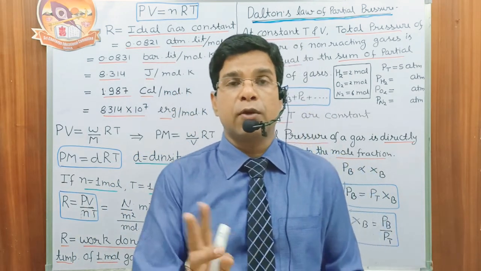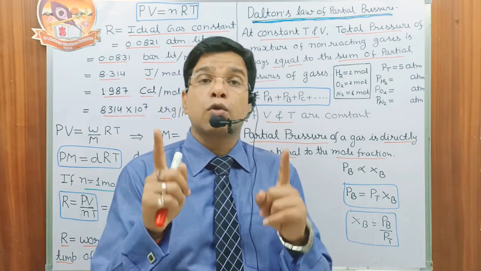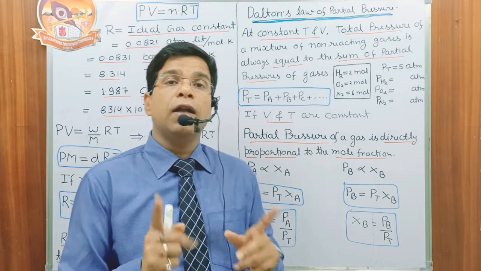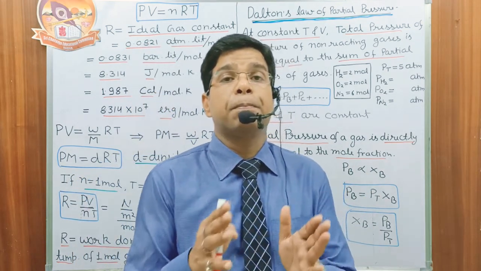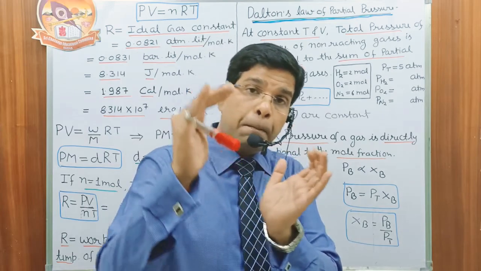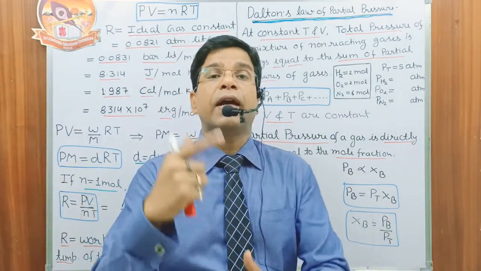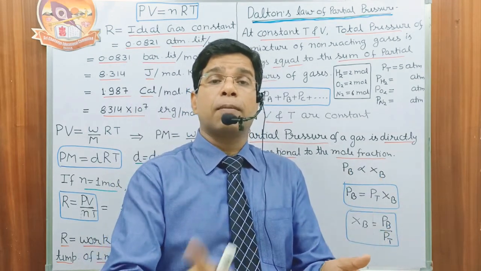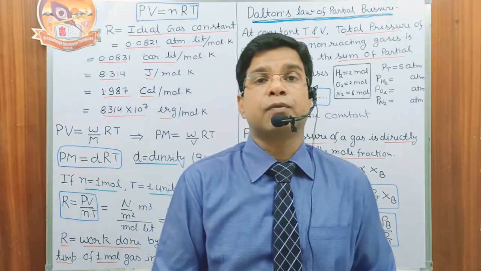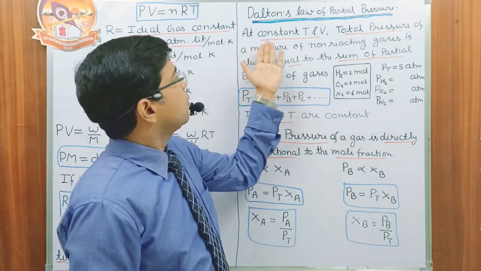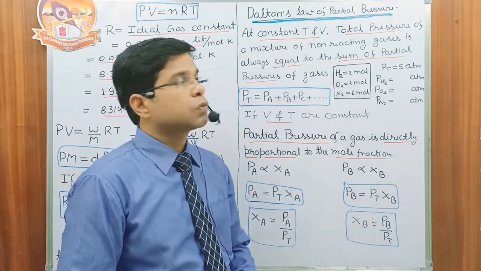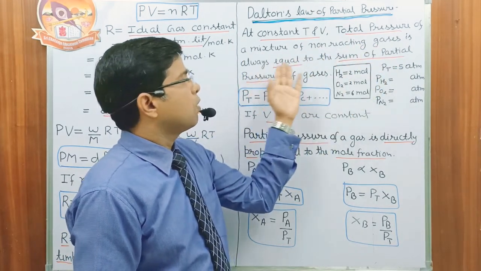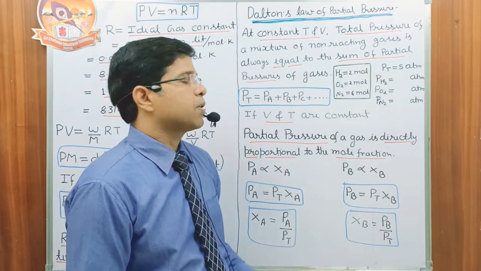In the last example I told you we have gases A and B, so total pressure is equal to the partial pressure of A plus the partial pressure of B. Partial pressure of A is the part of total pressure exerted by A. Partial pressure of B is the part of total pressure exerted by B. So at constant temperature and volume, the total pressure of a mixture of non-reacting gases is always equal to the sum of the partial pressures of the gases.